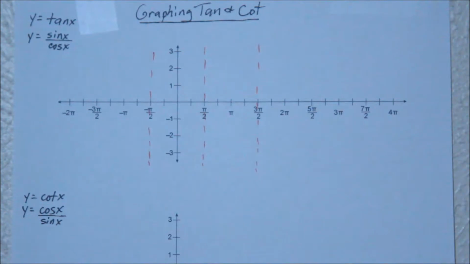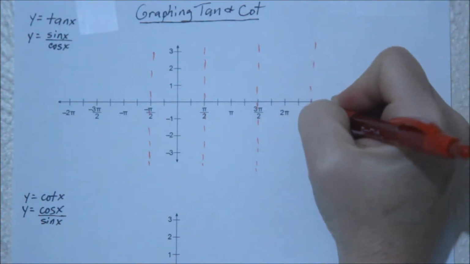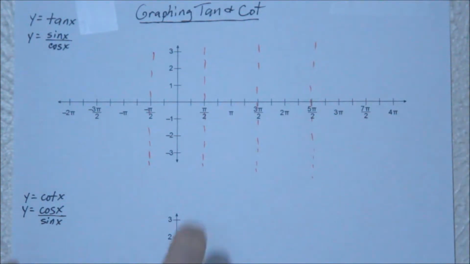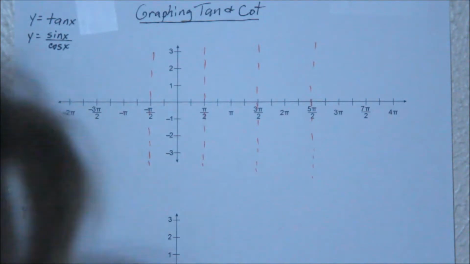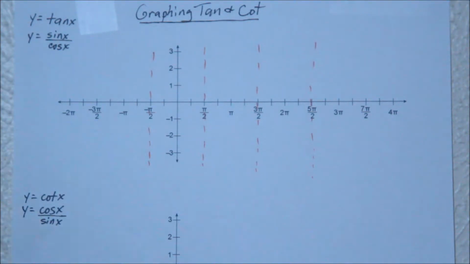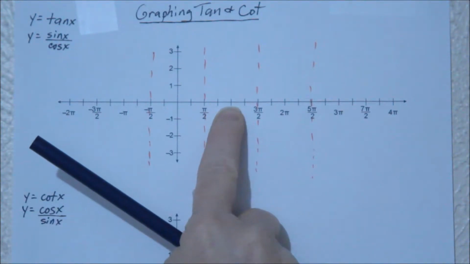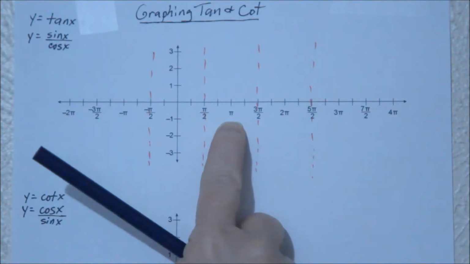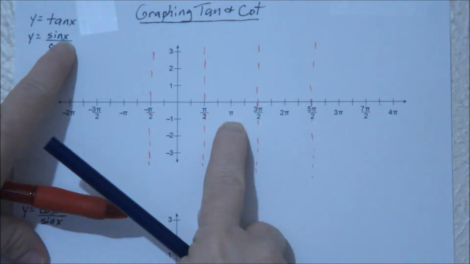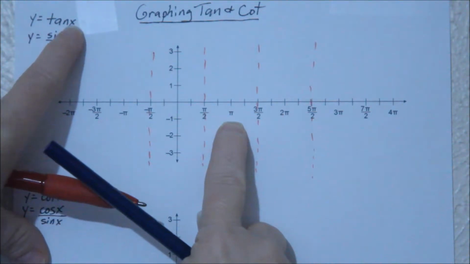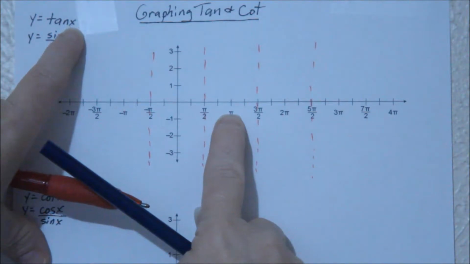Okay, now, how do we graph tangent? I'll graph it first. So, graphing tangent, let's just look at pi. If you put in pi for x, tangent of 180 degrees is 0.